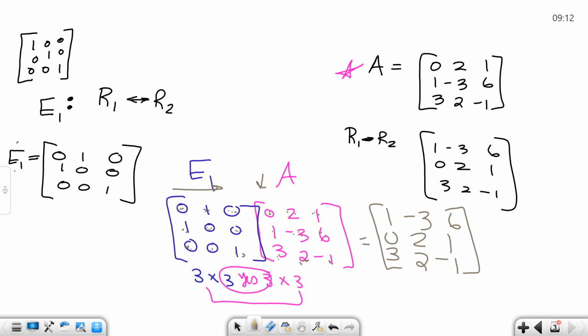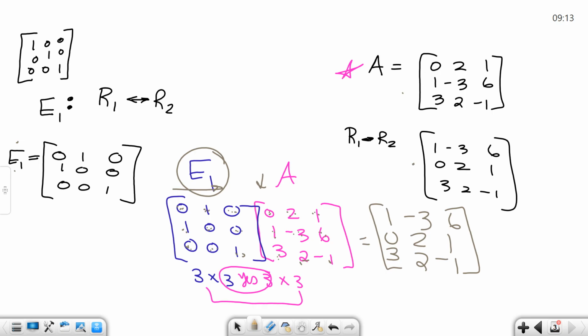In other words, switching 2 rows is the same thing as multiplying that matrix by E1. And that is what they're trying to show you. That's the premise, or this little fact, that we're going to use to factor these matrices down. Am I going to ask you that? No.